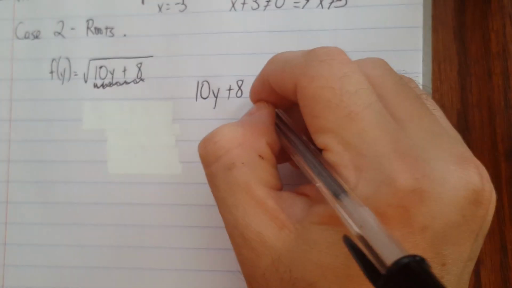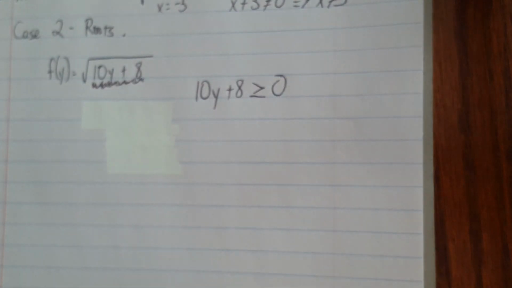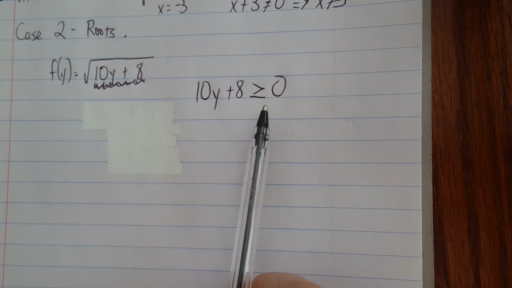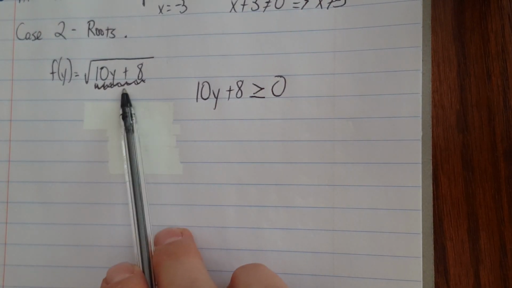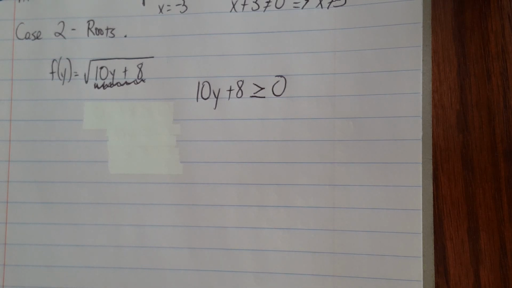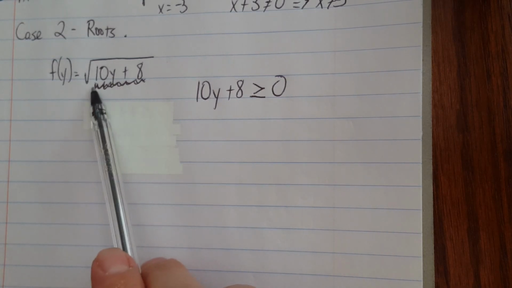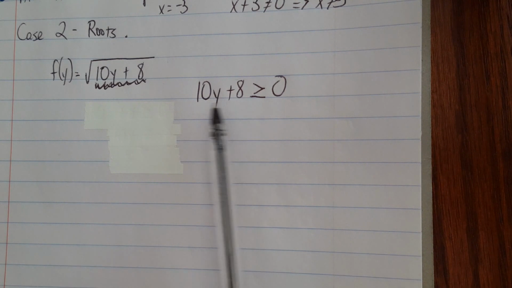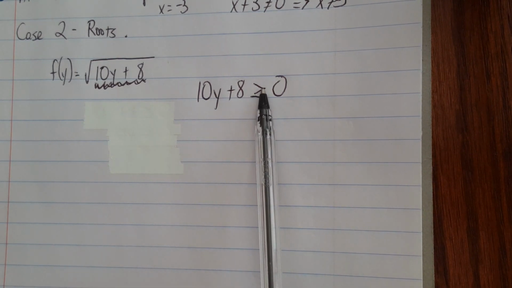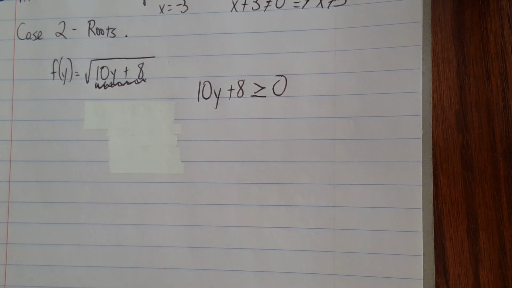And it's okay if it's actually equal to 0 as well. It just can't be smaller than 0, because then we'll be taking the square root of a negative, and that's what we do not want. So to set this up, just take whatever's inside of here and write it as the expression greater than or equal to 0. That's what we want to find out.